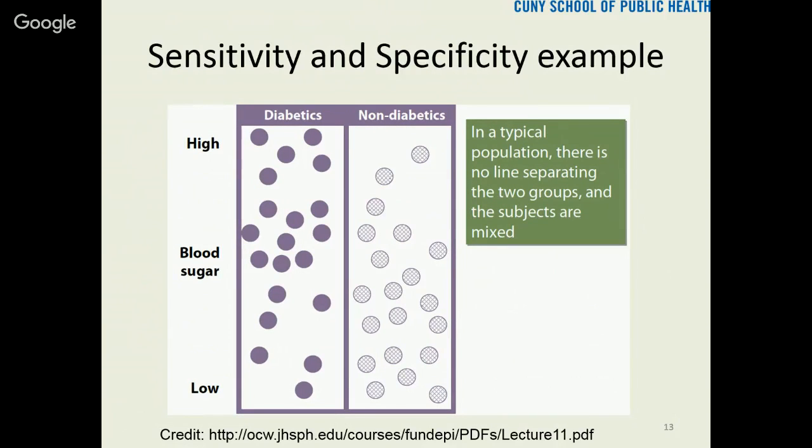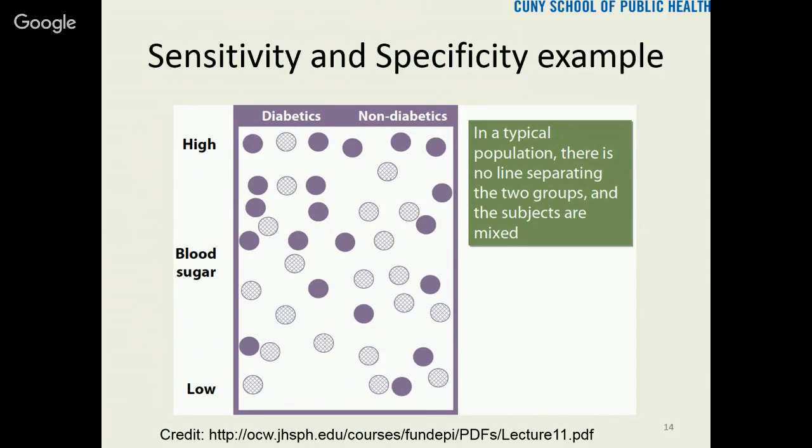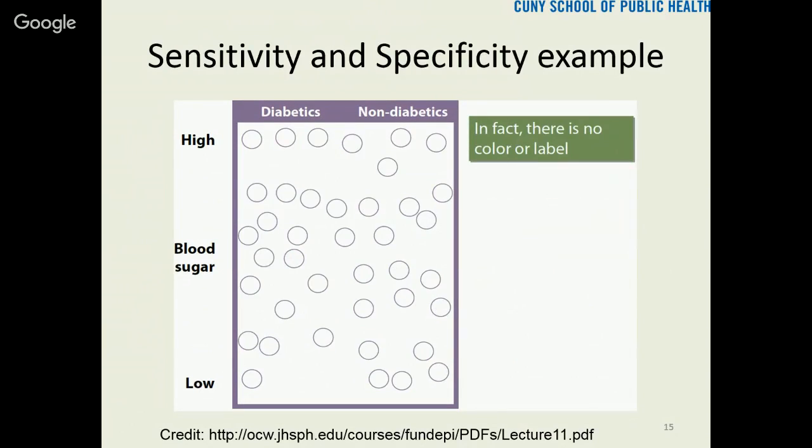So keep in mind, this would be a testing phase where we have the gold standard truth for everyone. But in real life, when we apply this in a clinic where we don't already have the gold standard result for everyone, the two groups are mixed. We don't know who the diabetics and non-diabetics are, and they're not labeled.